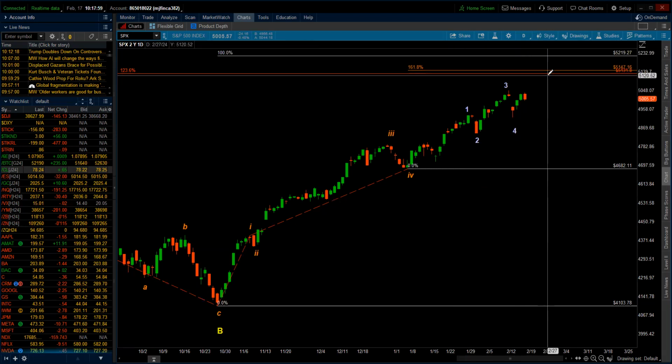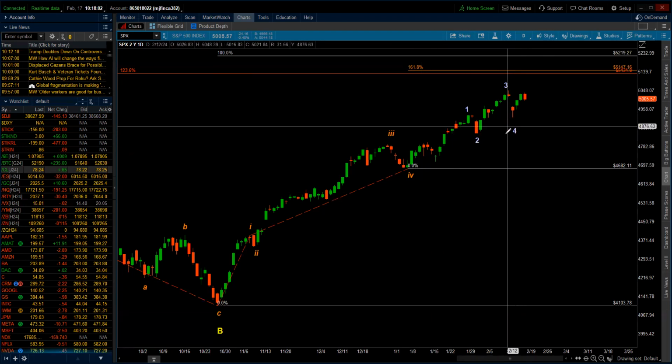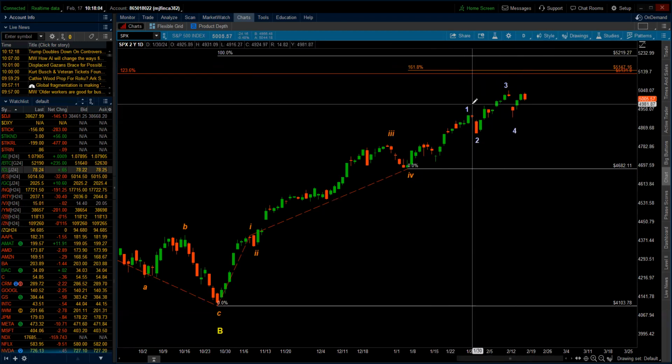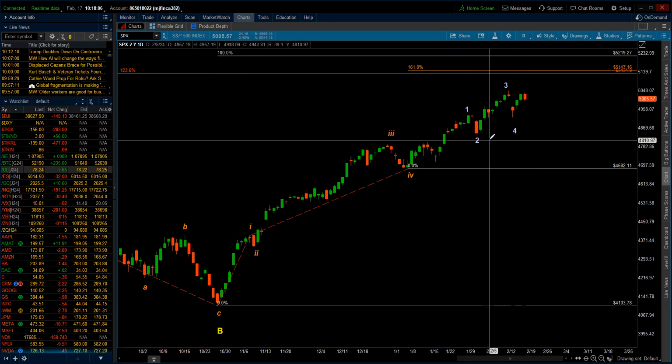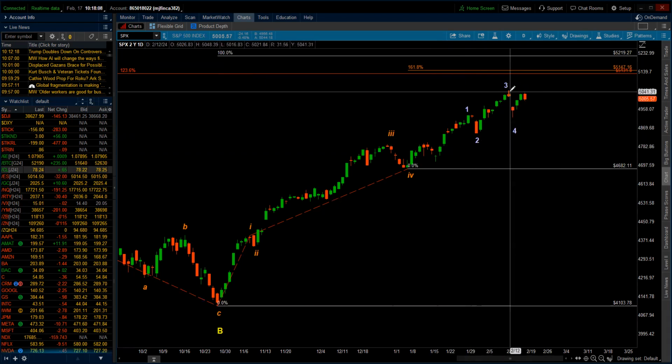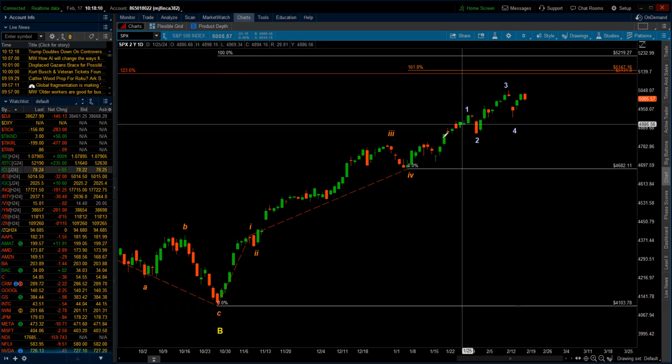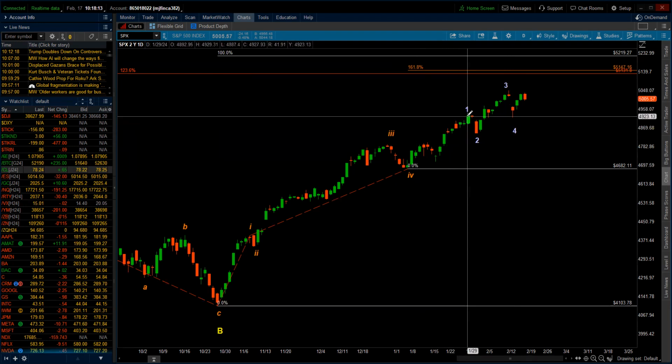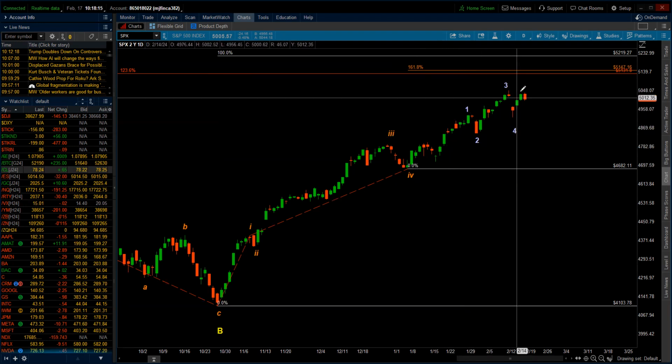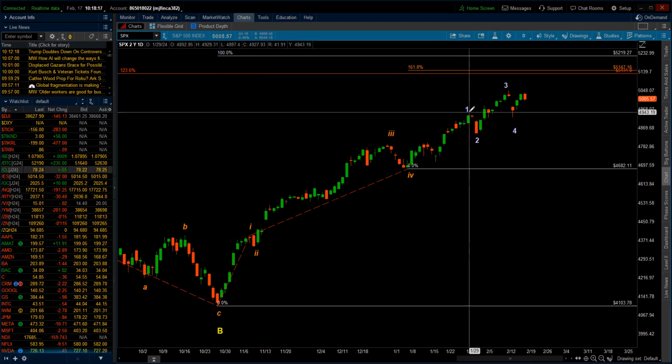Now, I can add one more, and it's going to be minute wave 5 to minute wave 1. First of all, let me just already state, I know that the third wave is the shortest right now, that wave 1 is the longest right now. And wave 5 may come in equal to wave 1.